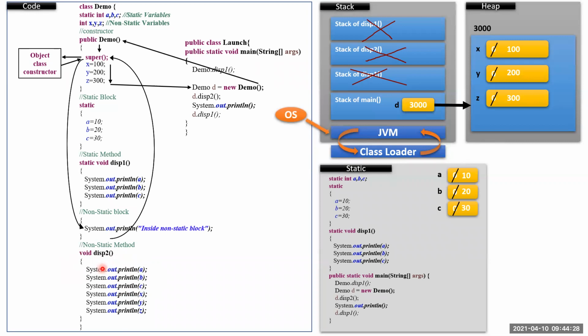Okay, this is what I wanted to showcase, that even a non-static method can access a static variable because they're already created. But remember, if you try to access a non-static variable using a static method, it would definitely not have worked. That is what I'm going to show you in the next program.